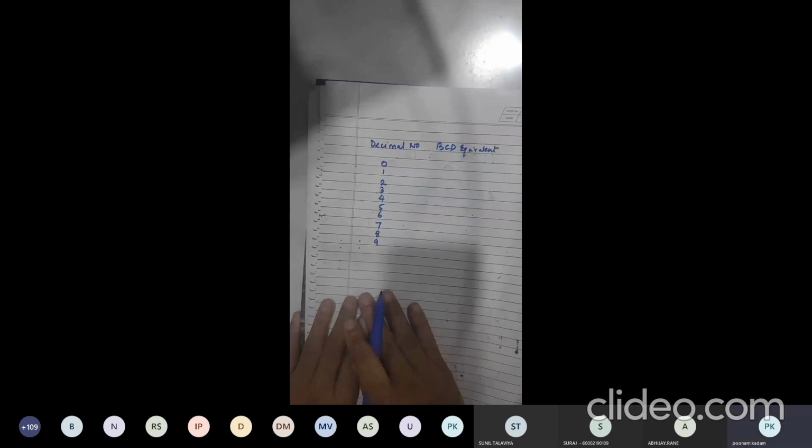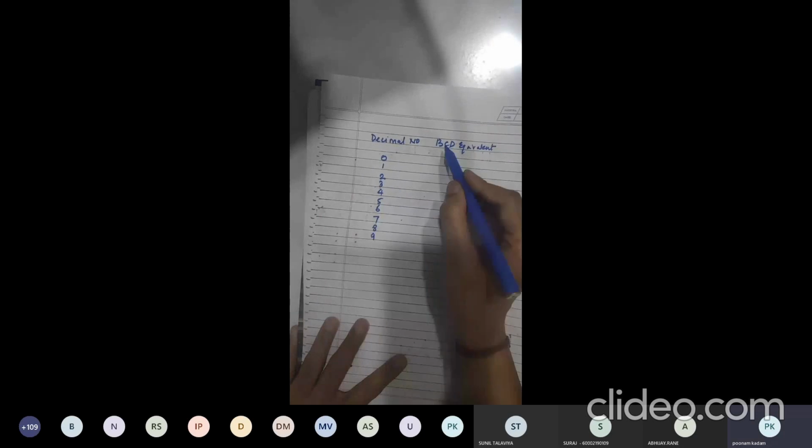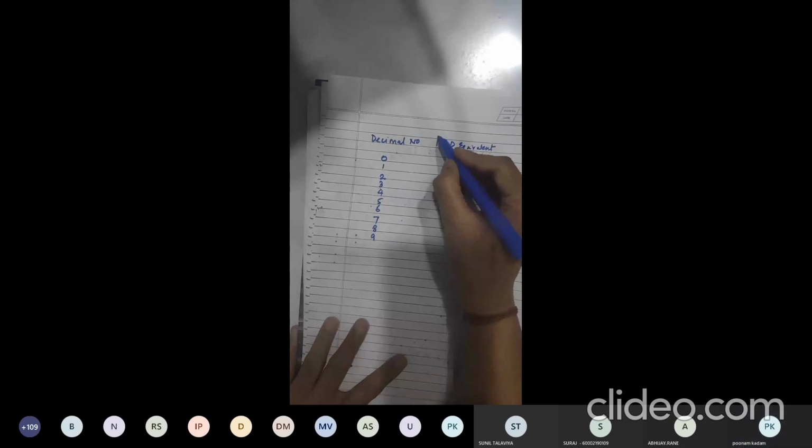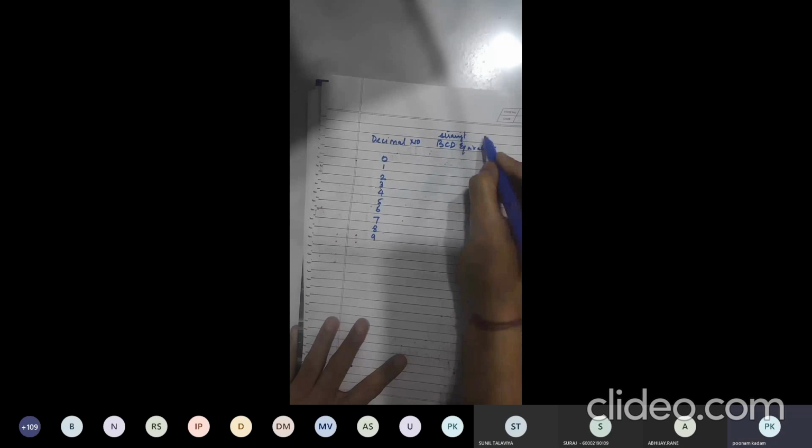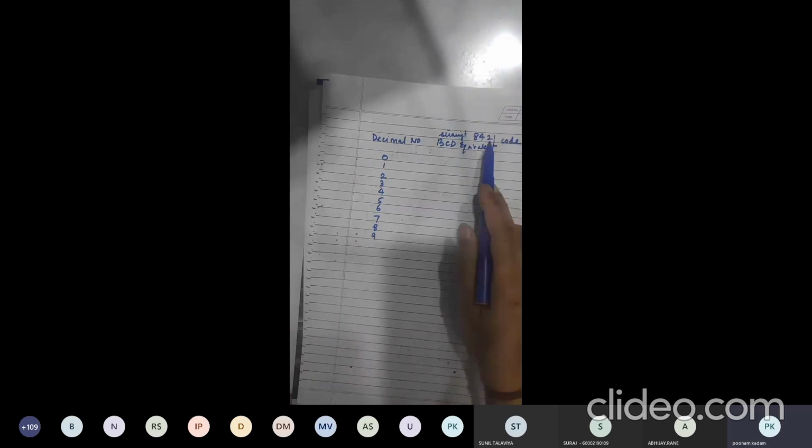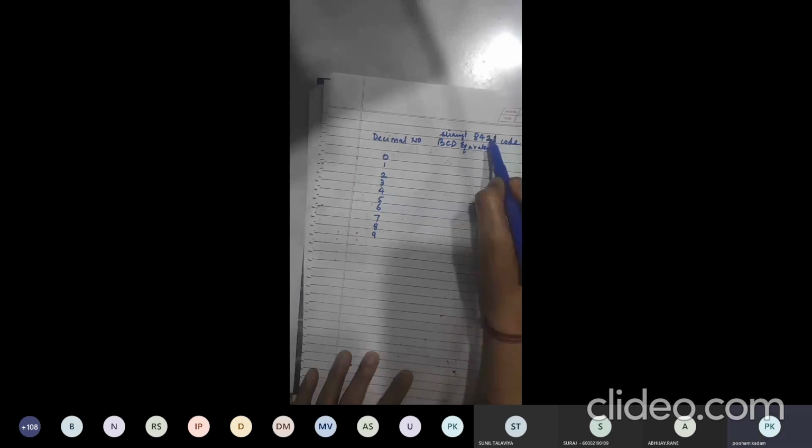So 0 in BCD. Now I'm writing straight BCD code. Straight BCD code means 8421 code. Here 8421 implies the weights associated with the bit positions. The least significant bit will have weight of 1, the next bit will have weight of 2, the next one will have 4, and the next one will have 8.